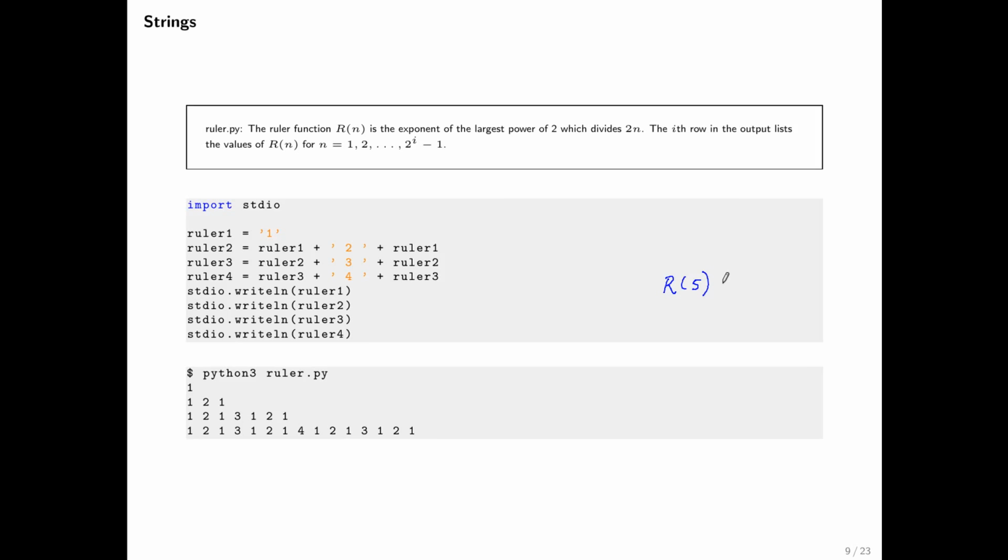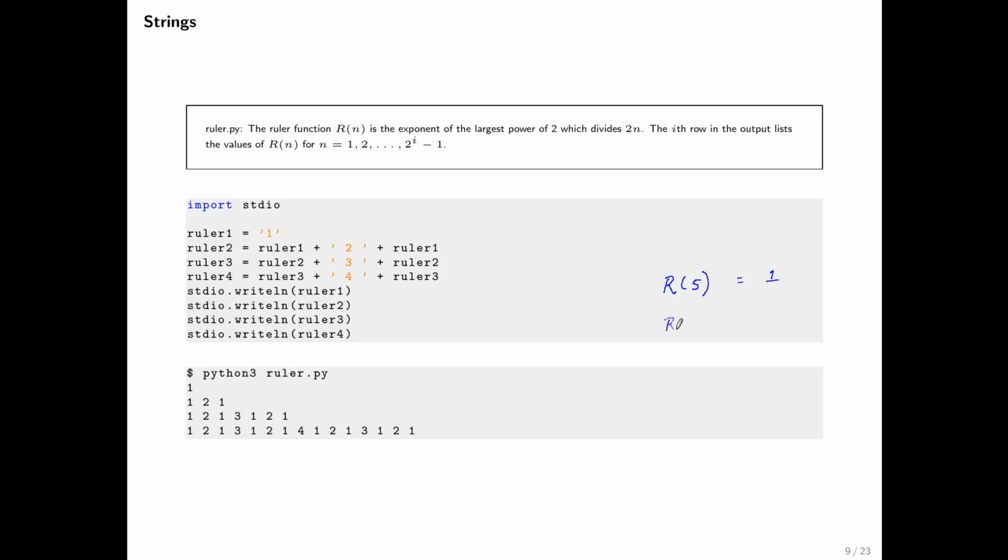Well, it's 3, because 2 to the 3 is 8. Sorry, it's 1, because 2 to the power 1 is 2, and 2 evenly divides 10. All right. No other power of 2 divides 10. The only power of 2 that divides 10 is 2, whose exponent is 1. So this is simply 1.